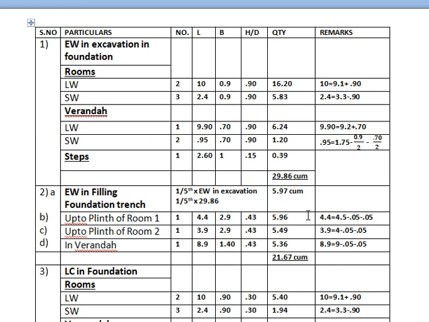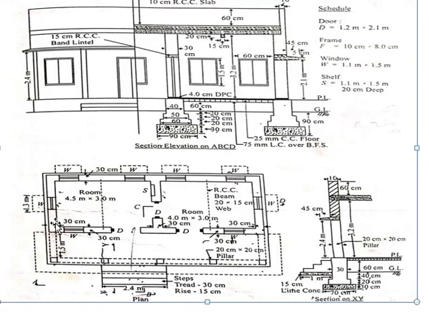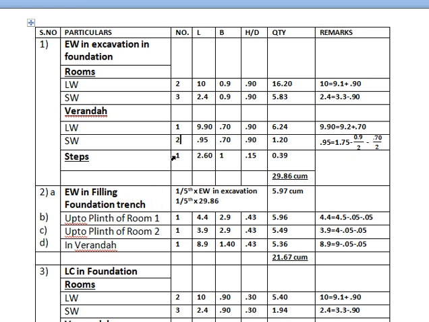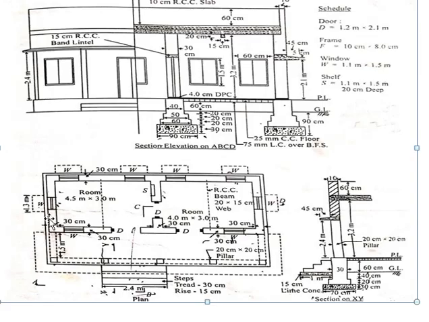Now talking about the short wall, if you see the diagram, the section is different on both sides of the short wall. For the veranda, the sections are different. So how will we calculate the length of the short wall? The short walls are 2, and 1.75 meter is the original length. We will subtract half on the one side and half on the other side.